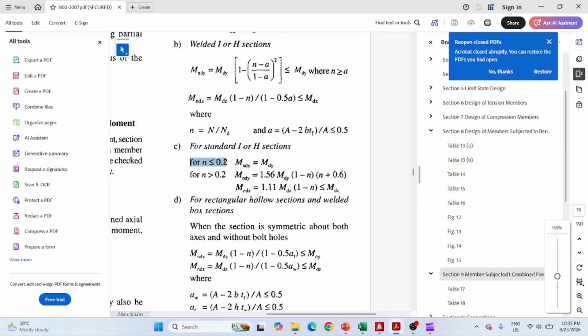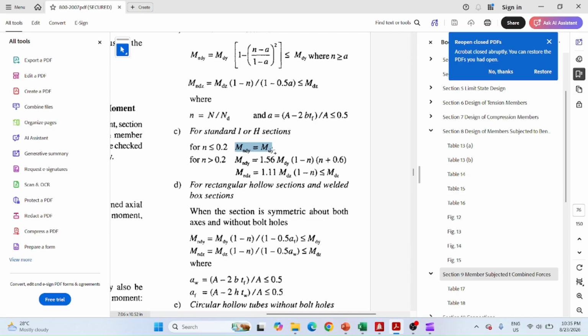Since n is less than 0.2, in our case n is 0, so it is less than 0.2. So my value of Mndy will be equal to Mdy. Okay, and Mdy, since there is no actual bending moment in the minor direction, so Mndy will be also equal to 0. Okay, Mdy is 0, so Mndy will be also equal to 0.